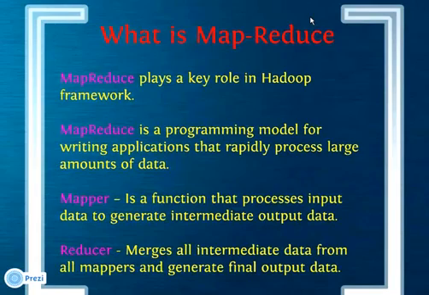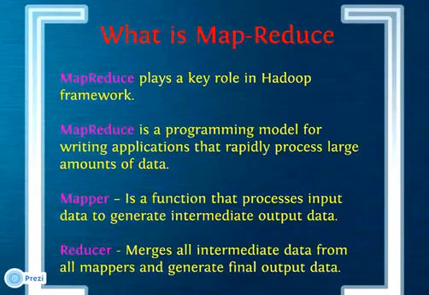You can arrange some portable hard disk, increase the storage capacity of your machine, or use some centralized storage. But processing a large amount of data, terabytes, petabytes, millions and billions of rows, is a very big thing. That's why it plays a very important role in the Hadoop framework.